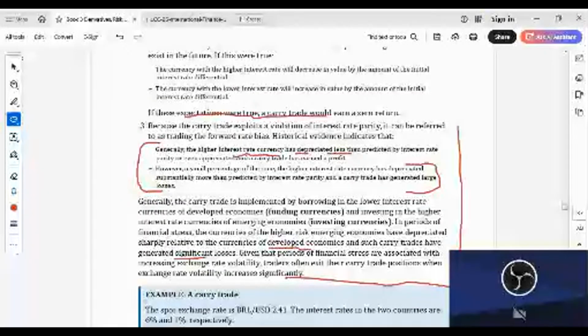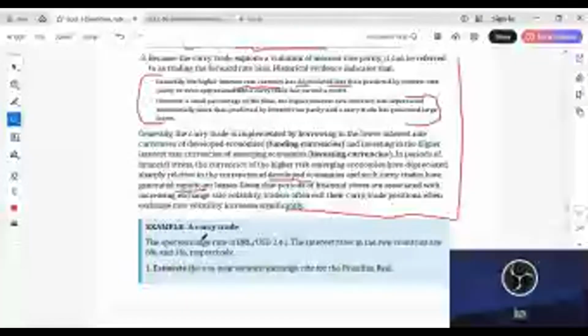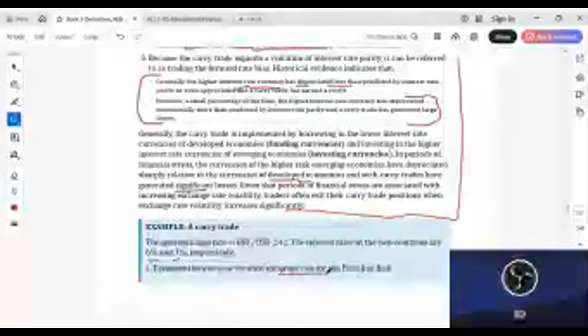Okay, example માં શું કીધું છે? 1 USD is 2.41 BRL. Interest rate in two countries is 1%, 6%, right? So, what is the theoretical exchange rate?